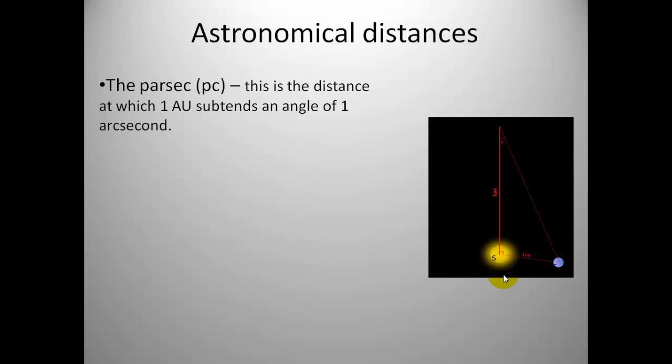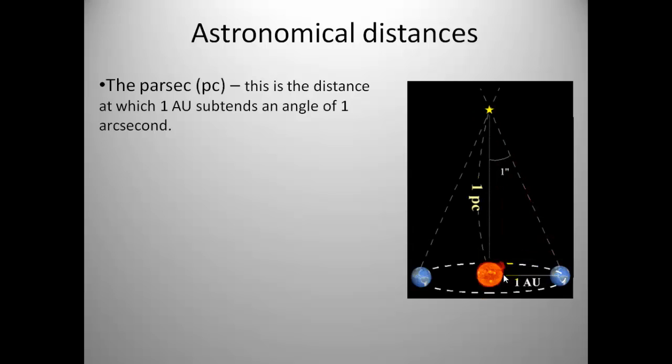And how do we use this? Because we don't travel away from the Earth, we look at other stars from our position. So this is the distance at which one astronomical unit subtends an angle of 1 arcsecond. We're going to use basically geometry to flip it round.